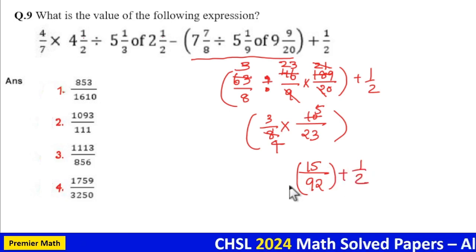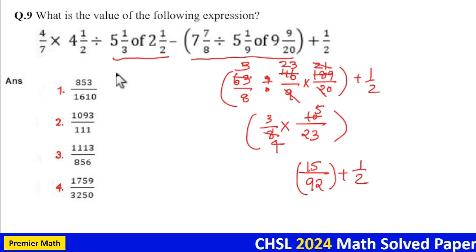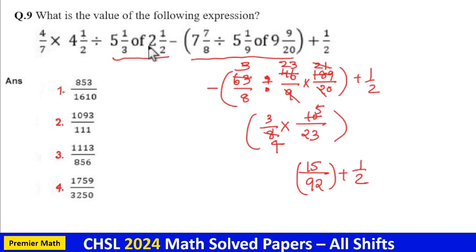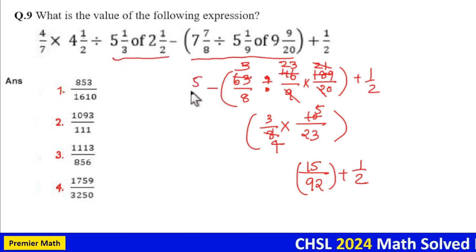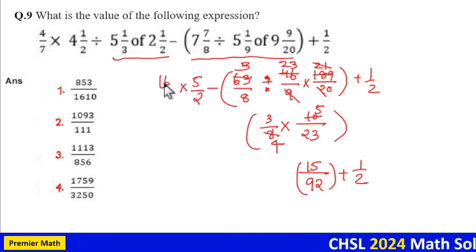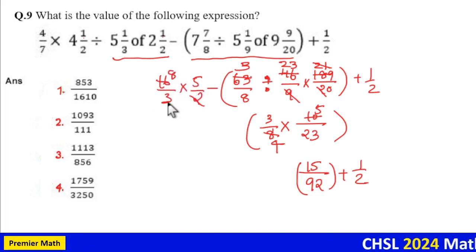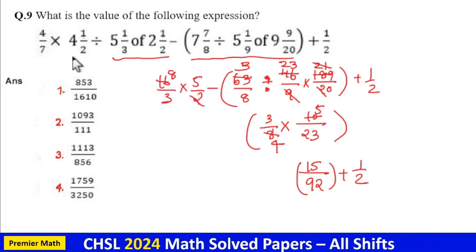So remaining plus 1 by 2. Here solve this one, this section. Now this is equal to 2 into 2, 4 plus 1, 5 by 2 into 5 into 3 plus 1, 16 by 3. Now 2 goes 8 times in 16, so this will become 40 by 3. Now solve this.